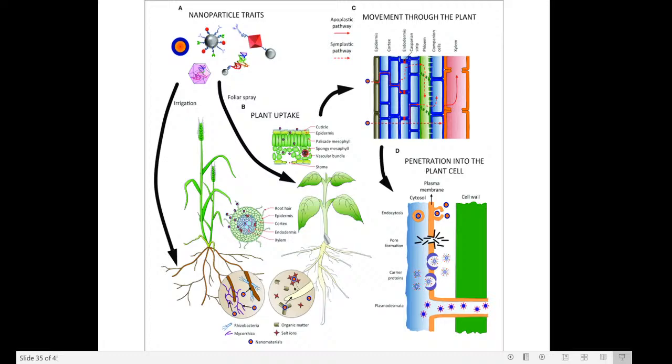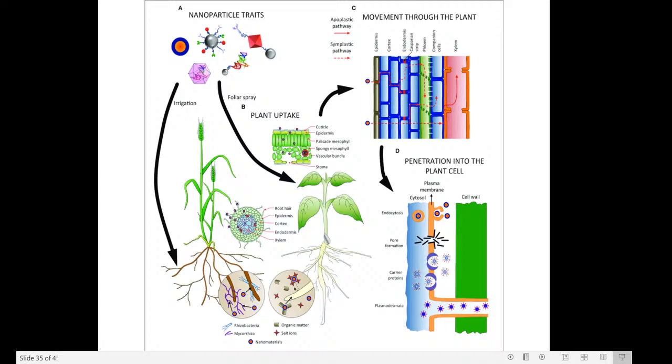Here you can understand which cells allow the apoplastic pathway. The apoplastic pathway uses the epidermis, cortex, and endodermis, and from the endodermis to the phloem. After reaching the phloem, it follows the symplastic pathway. That symplastic process allows the molecule to enter into the xylem.